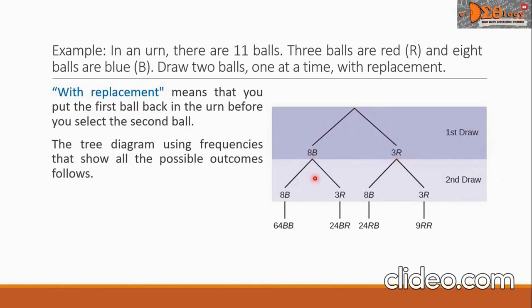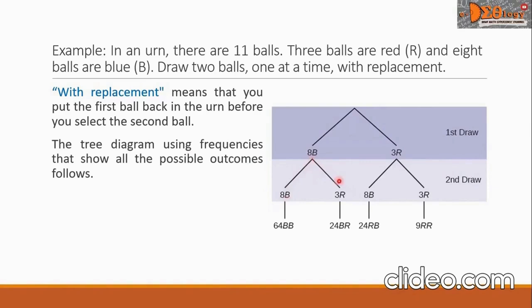Please note also that the problem says that the first ball is being replaced in the urn. That's why you see here there are 2 branches under the blue balls. In this first branch, there are 8 balls.